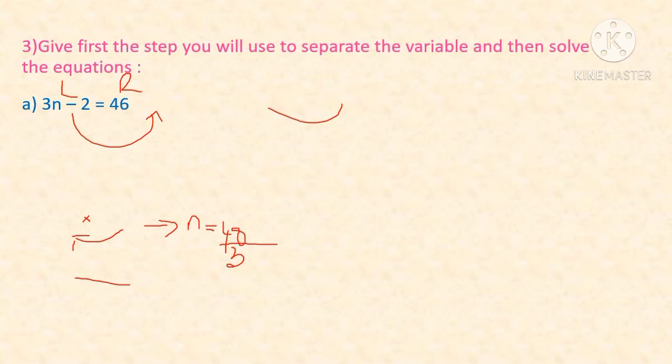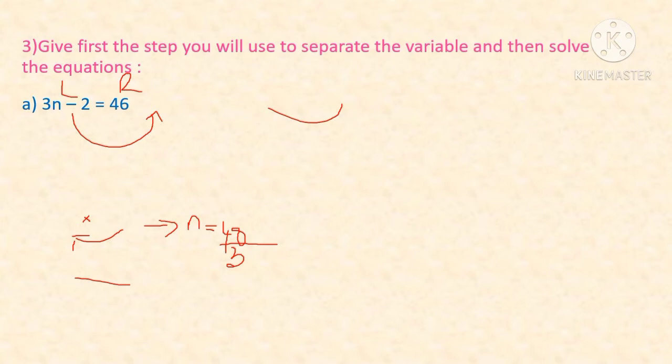And what is the coefficient of n? 3. It is a positive 3. If it is minus 3, you have to write it with the sign. Here it is plus 3, so we can simply write 3. The coefficient of n is 3.